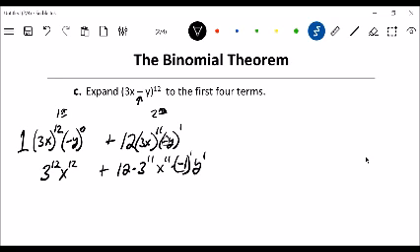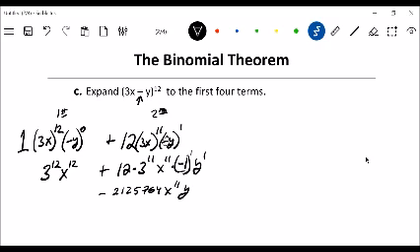It's raised to the 1st power, and that means that negative is going to make this thing negative over here. So to continue with it, we have 3 to the 11th. If I do 3 to the 11th times 12 times negative 1, I would get negative 2,125,764 x to the 11th y.